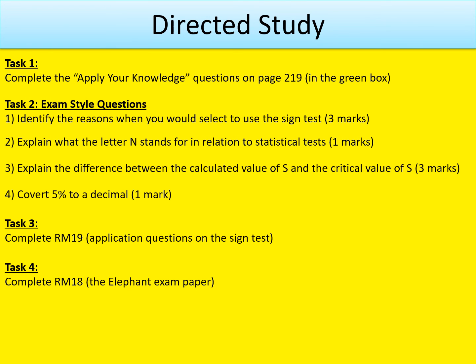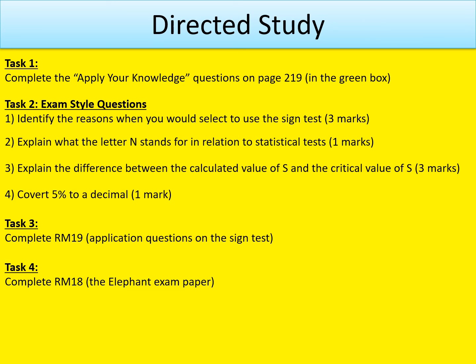So check MS Teams for any directed study, and if you have any questions, then please get in touch. If you're one of my students, I recommend that you do the specimen past paper on research methods, the unofficial ones that I've made. The first two contain questions on the sign test.